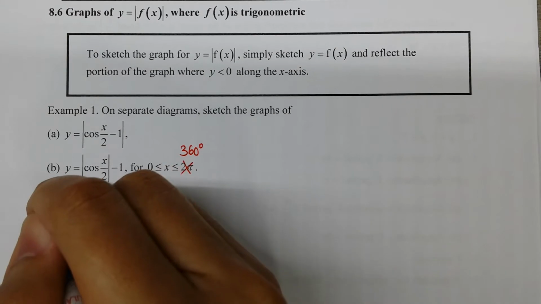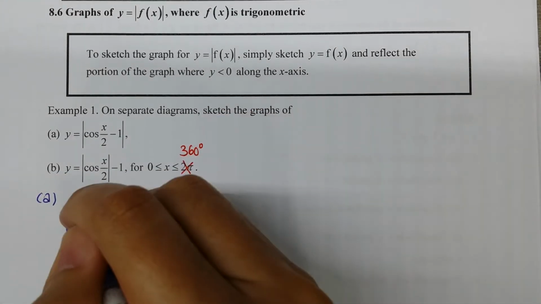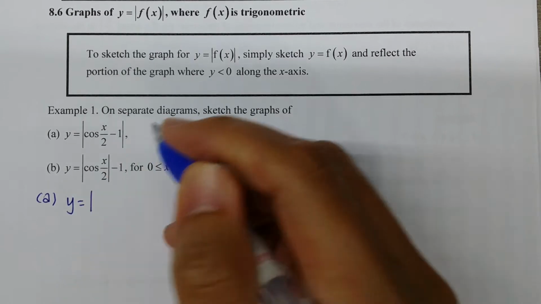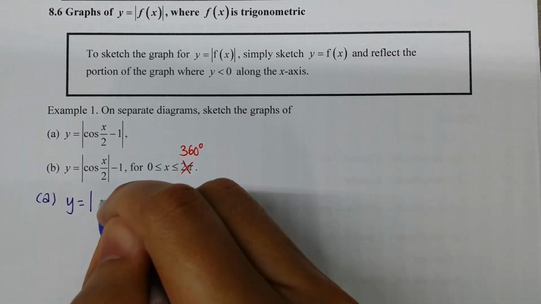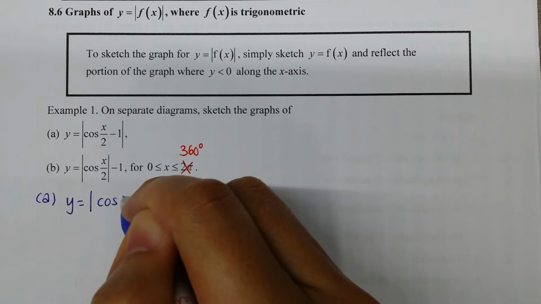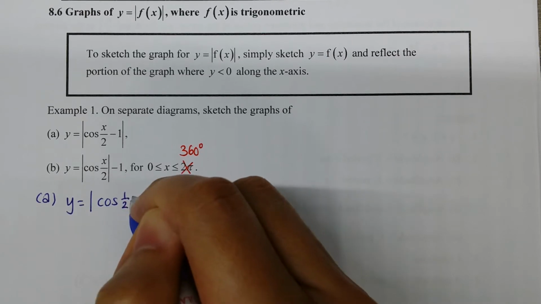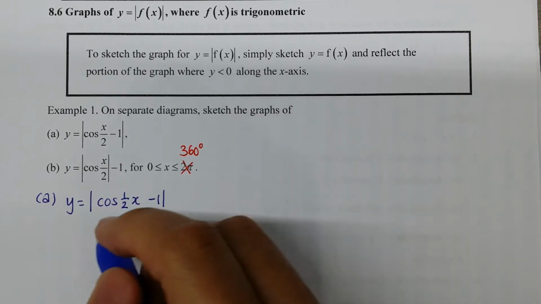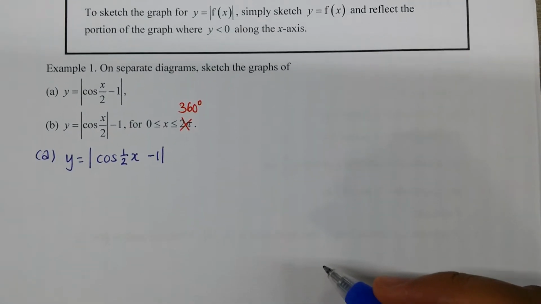So question A, just rewrite the question. Recall, this is actually half x minus 1. So if I were to ask you what's the A, B and C, you should be able to tell me.